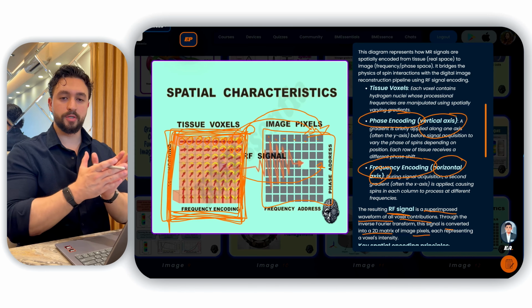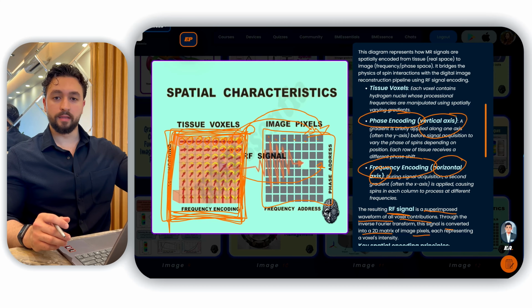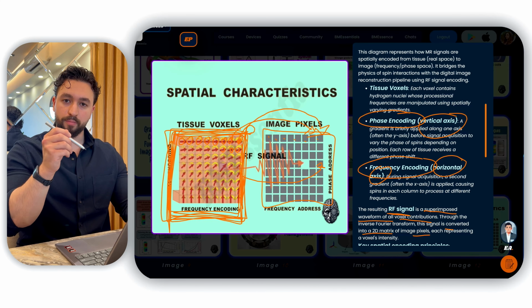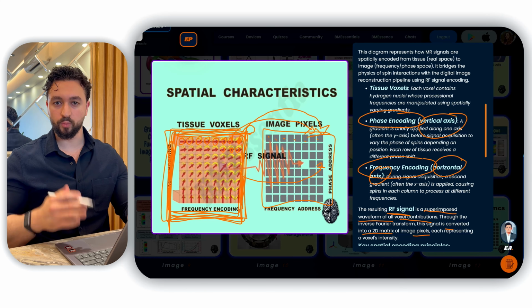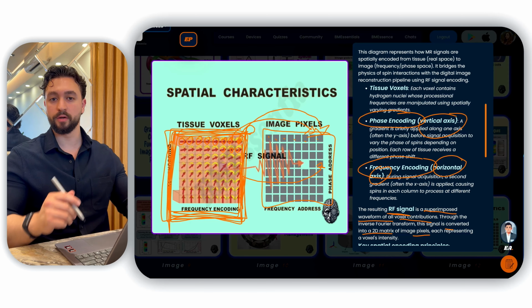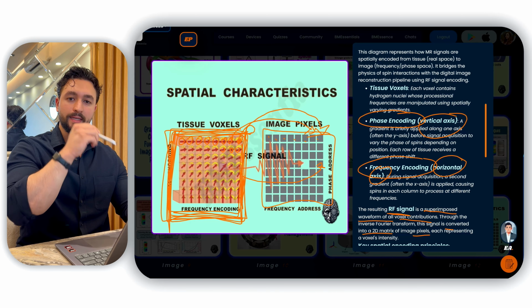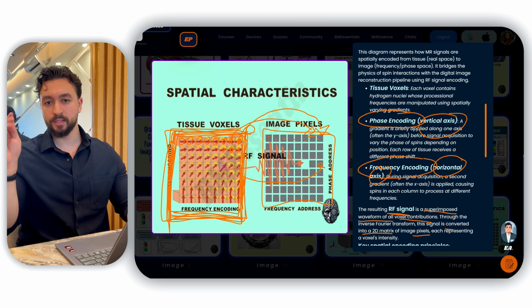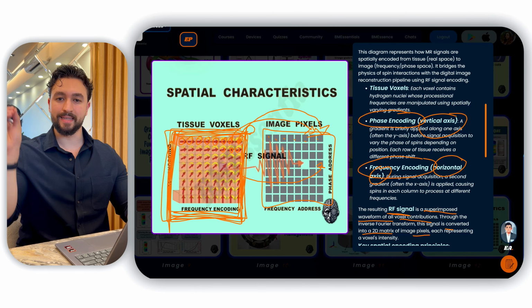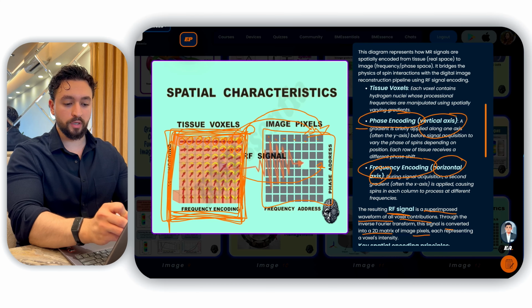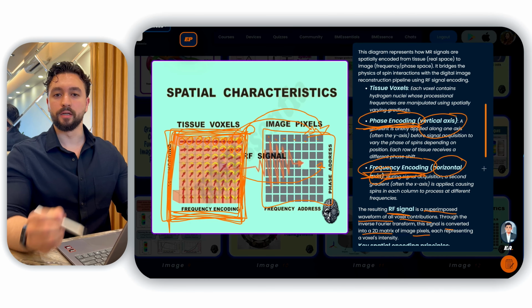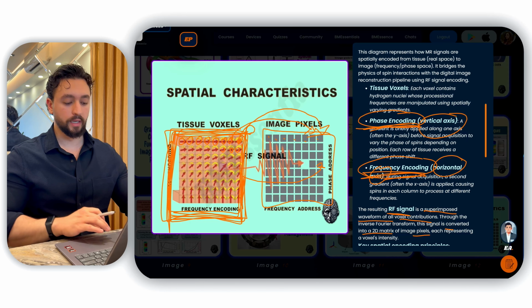You're basically imaging the person, and for every single hydrogen proton, it is at a specific location within that person's body or within the area which you're imaging. And then you're taking it and connecting it to the image in that exact specific location by doing phase encoding and frequency encoding in order for the image to be uniform.